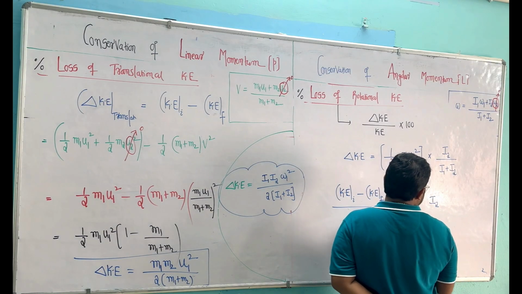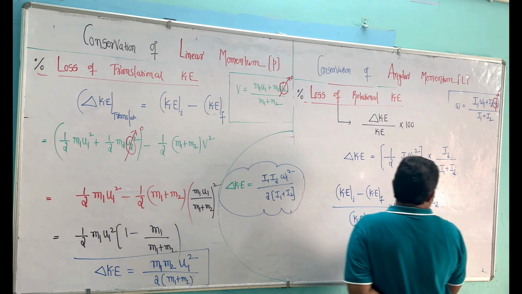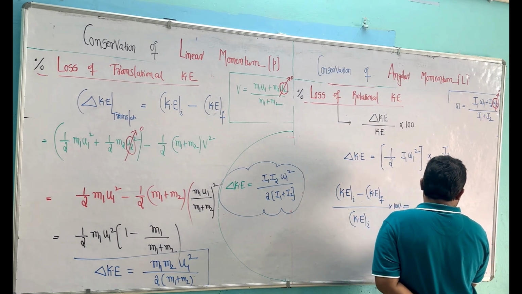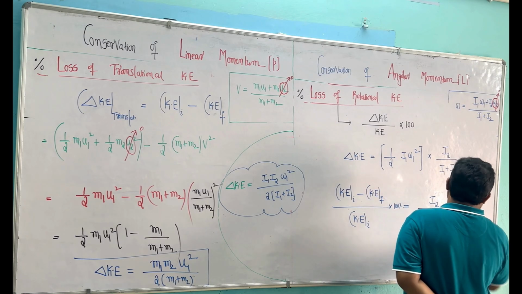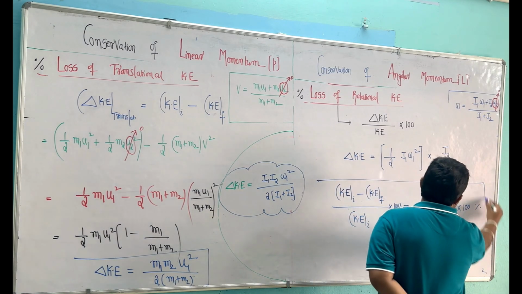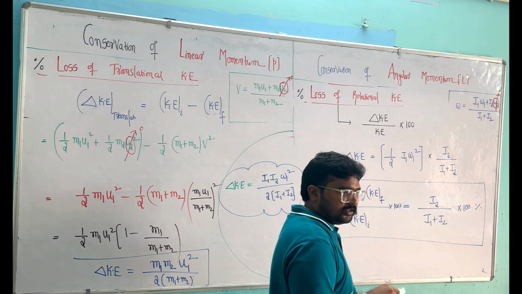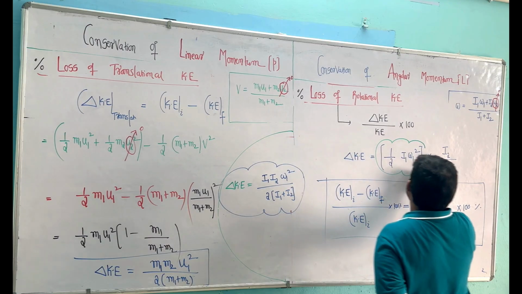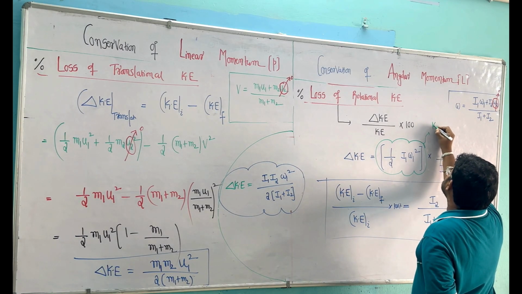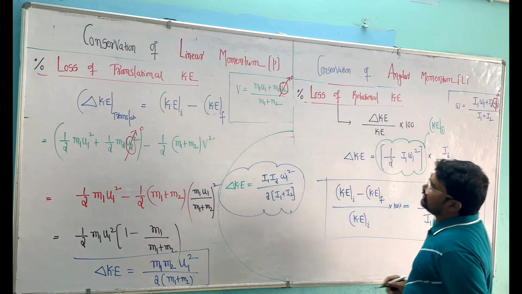I2 by I1 plus I2 into 100. That is the percentage loss of kinetic energy. Initial kinetic energy would be this.